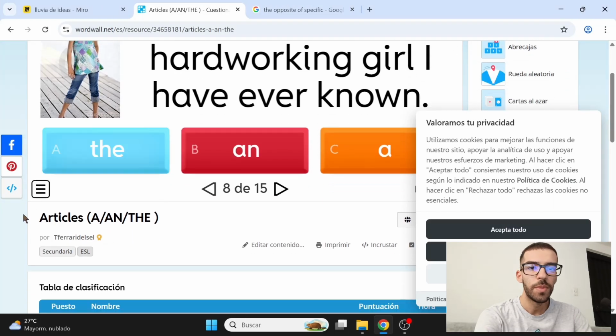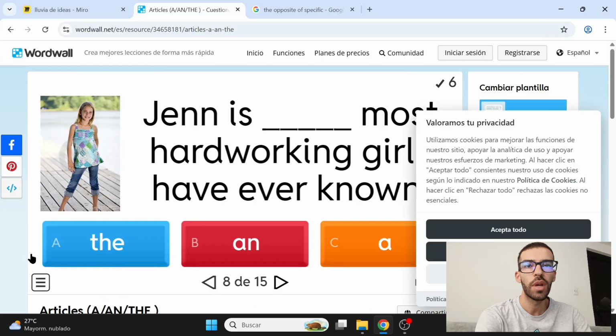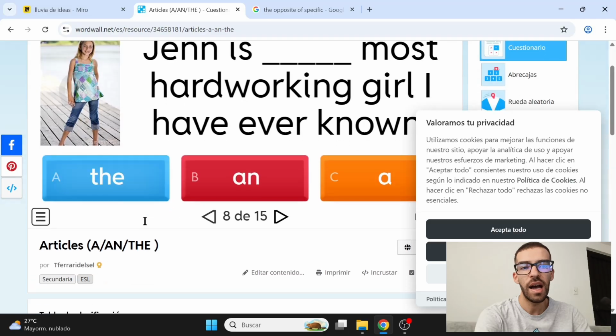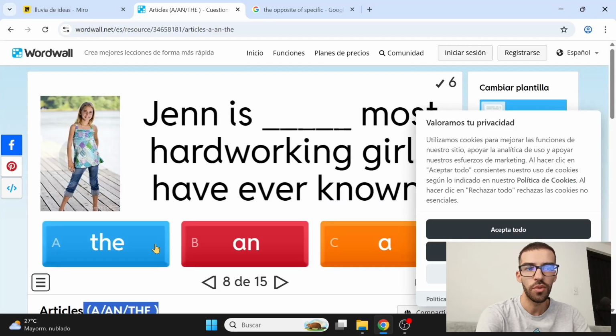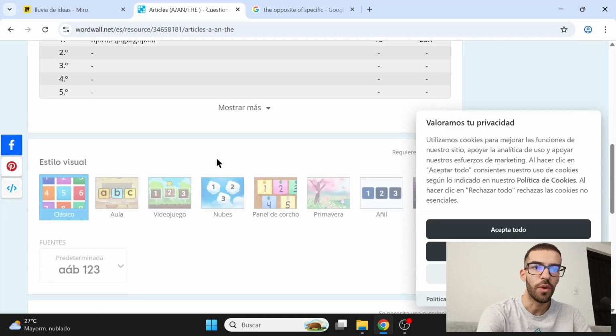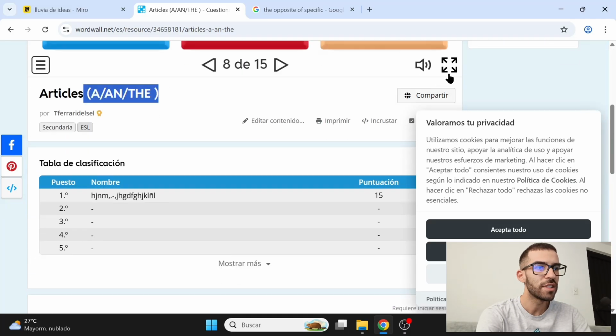So well, this is going to be the last exercise, but if you want to finish it yourself, you can come to this exercise. You just type wordwall and write it there, and you will come to this page and you finish it, all right? But for the moment, we're going to finish just this last one.